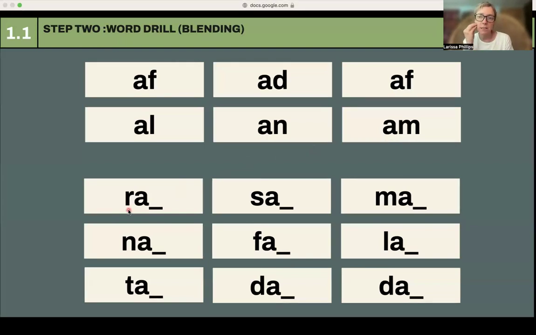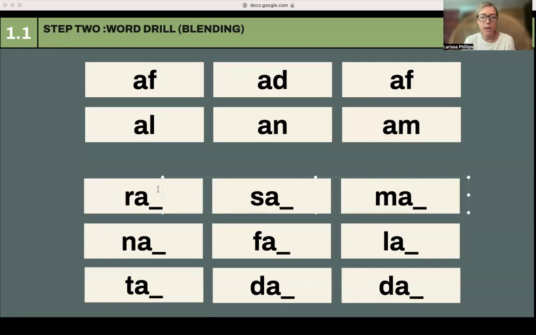This means you've got the consonant in your mouth and the vowel's going to get it out. So we're going ra, ra. And I want to show you why we're doing this because these are not real words. There's a little line to show that there should be a letter at the end. So let me show you what it looks like when there's a letter at the end.